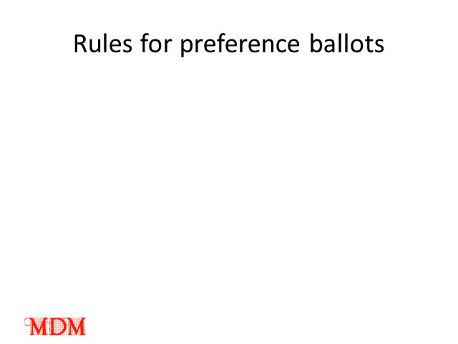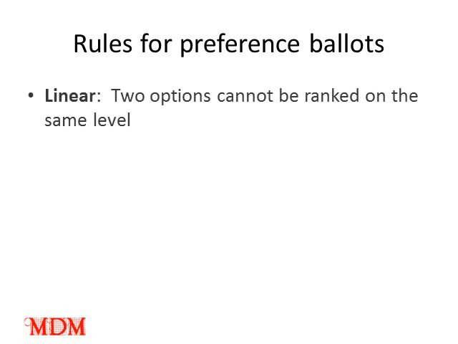Even though there are many different ways to determine a winner in a preference ballot, there are some rules that apply to all preference voting. A preference ballot does not allow two options to be ranked on the same level. This is called a linear ballot because selection choices must move in a line from one to the next, never plateauing at the same rank.